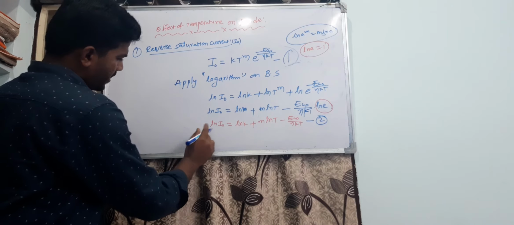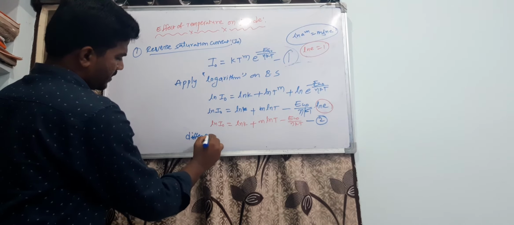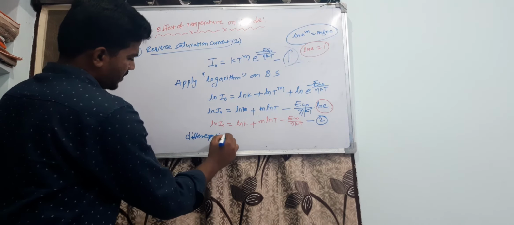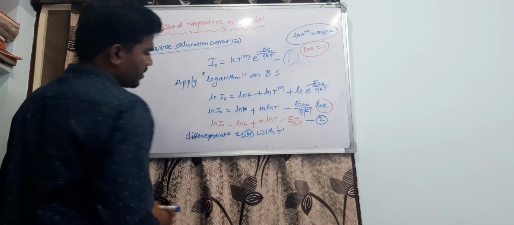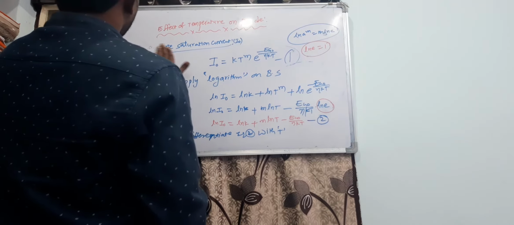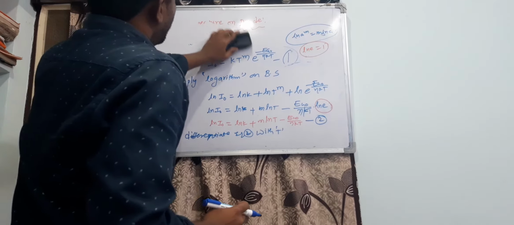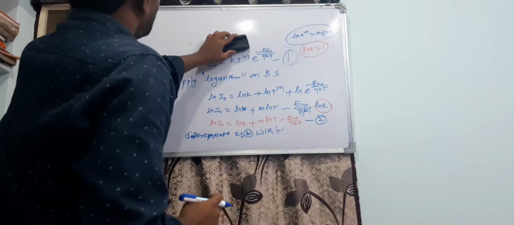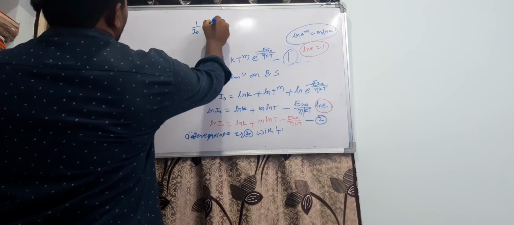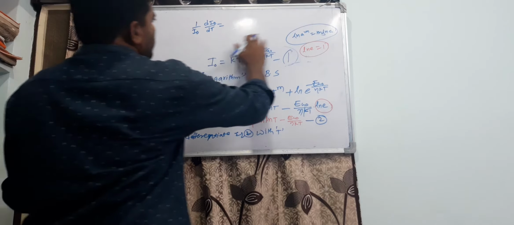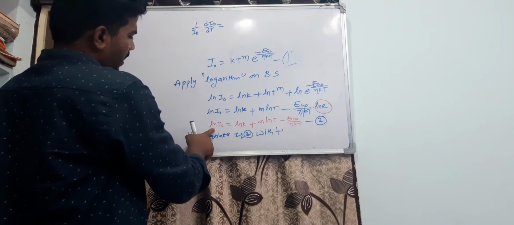Now differentiate this equation 2 with respect to t. So the equation becomes 1 by I0 into dI0 by dt is equal to... What is the differentiation of logarithm?